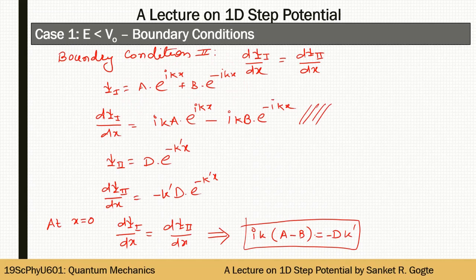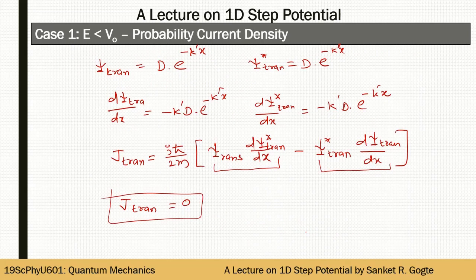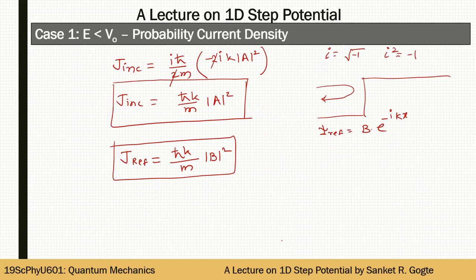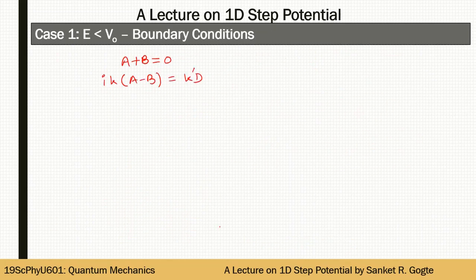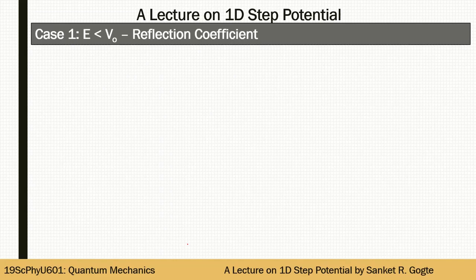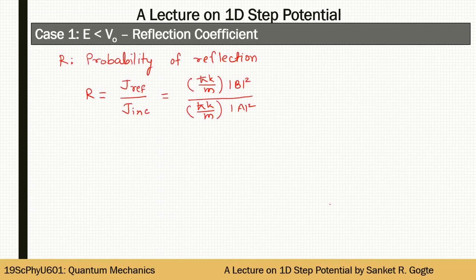Let me go back and confirm that I have written it correctly. J reflected is h cross k by m into B square. That's right. So let's now calculate the reflection coefficient, and you can see that the term in the bracket will cancel, and in the end I have mod B square by mod A square.